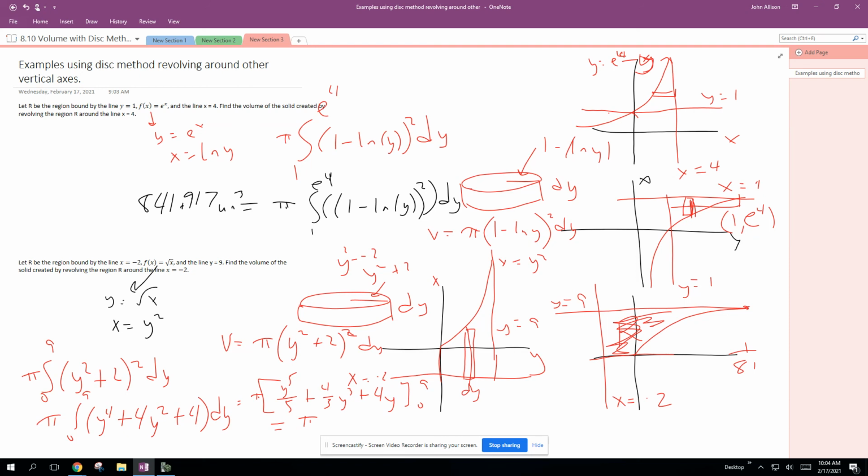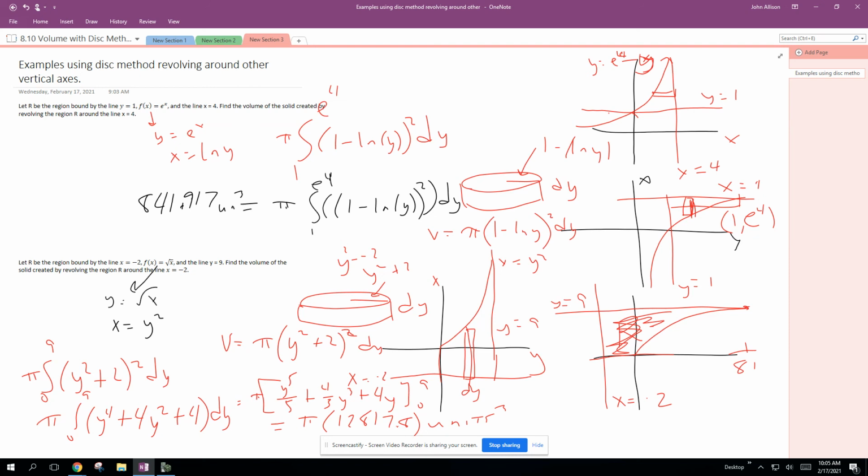Then we'll multiply all that times pi. Well, it's a big number. That's pi times 12,817.8 units cubed.